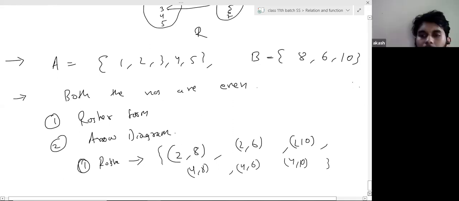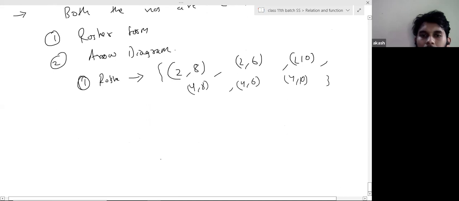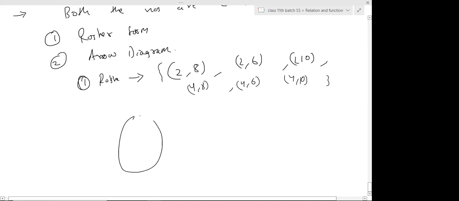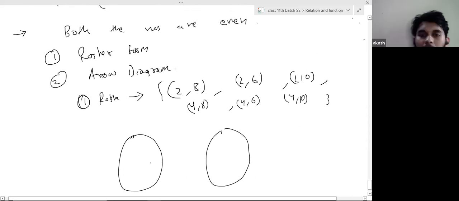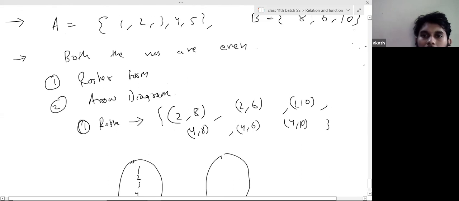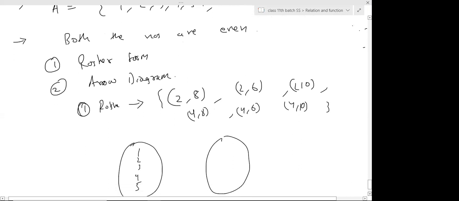An arrow diagram? In one circle, 2 and 4, in the other 8, 6, 10, and we'll join. In the first circle, what are we going to do? 2 and 4? No. We have to draw all the numbers, right? We have to write down all the numbers 1, 2, 3, 4, 5. Then in the second set we have 8, 6, 10.